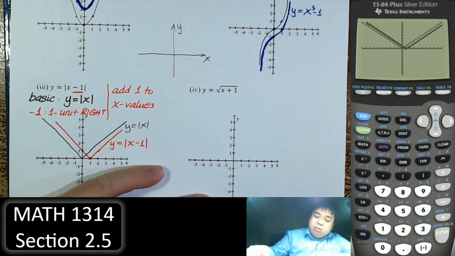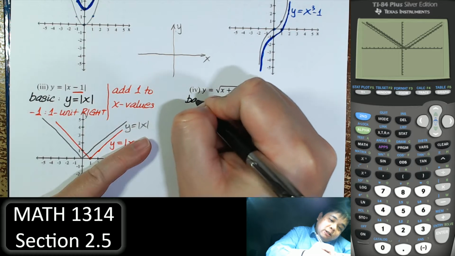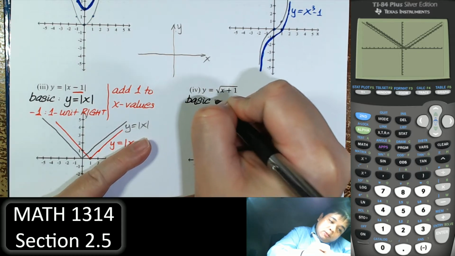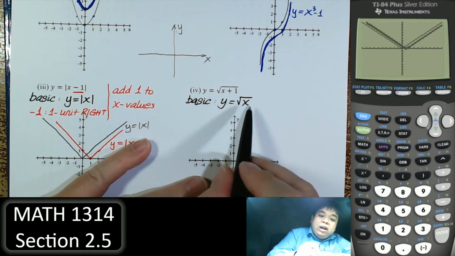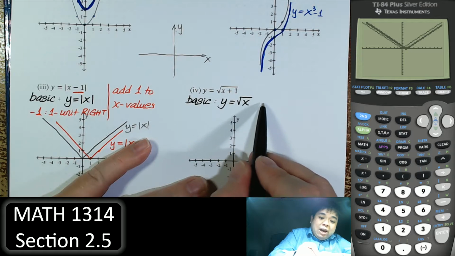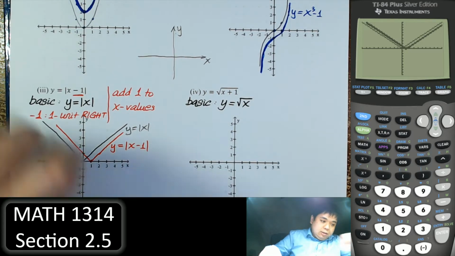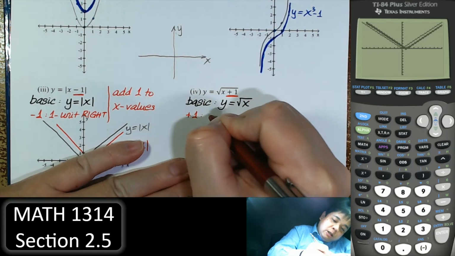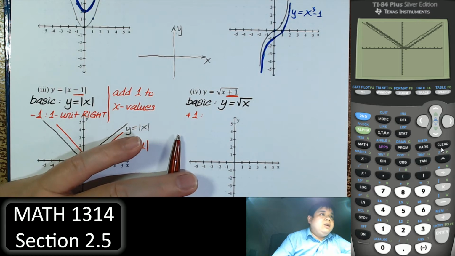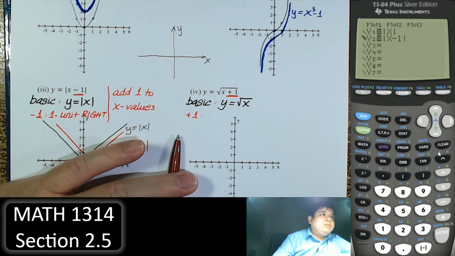This one, the basic function, of course, is the square root of x. But now notice that the +1 here is inside the square root, not on the outside. So this has +1. Let's see. Square root is here, second square root of x, square root of x +1.